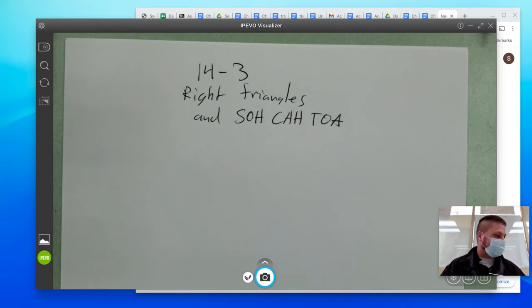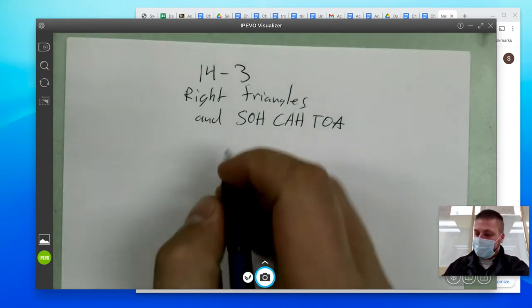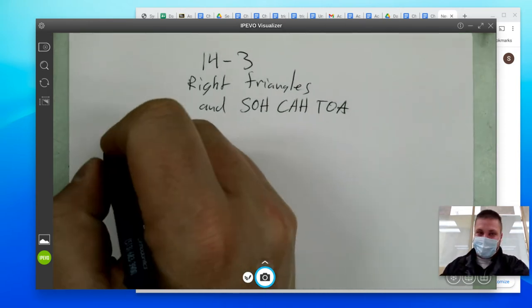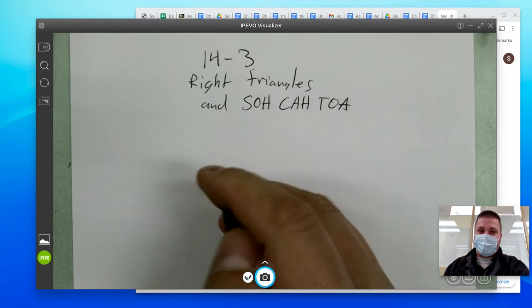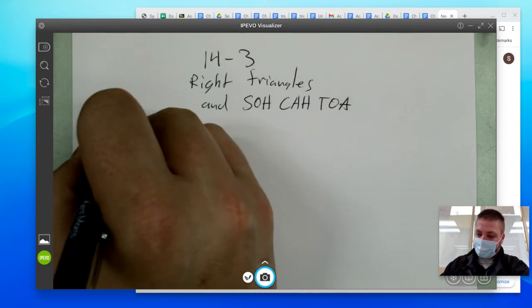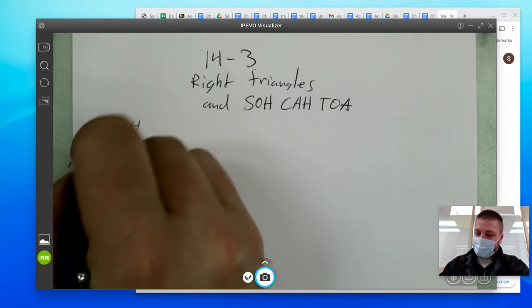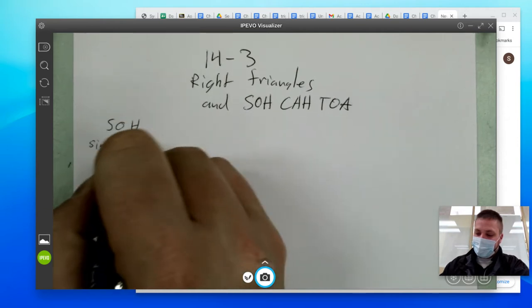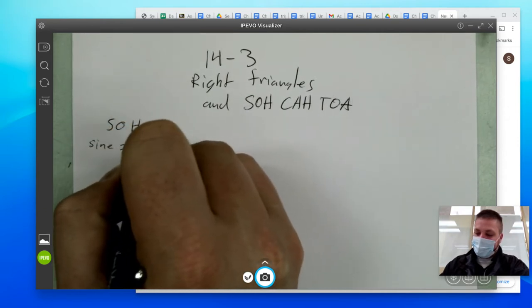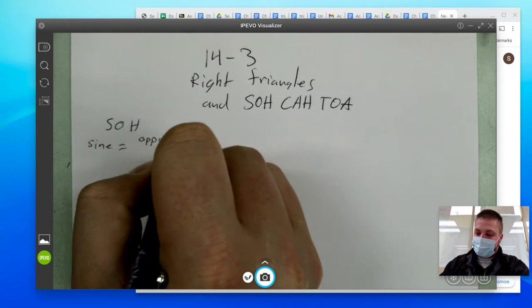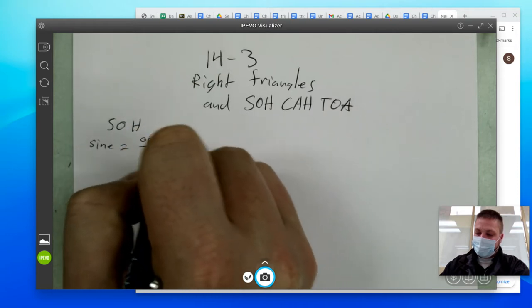Let's just remember that SOHCAHTOA is, I don't know, is that called an acronym? I don't know. Or it's like a memory trick to help you remember what these things stand for. So SOH stands for sine is equal to opposite over hypotenuse.